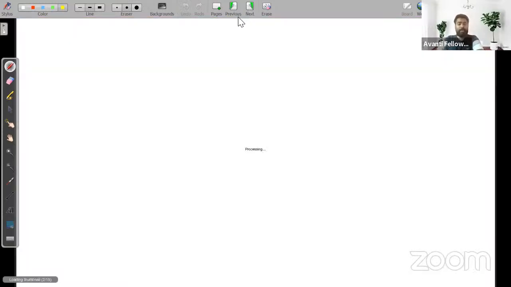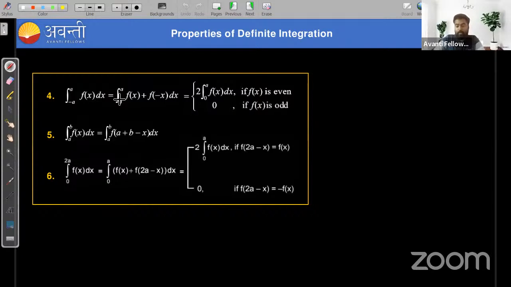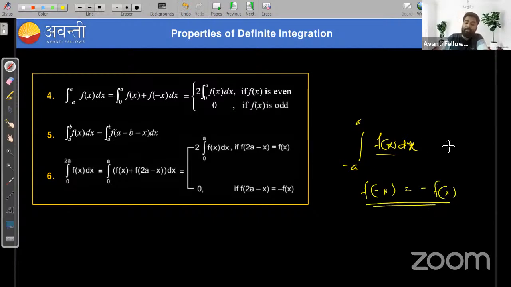Let's move to the next three properties. If you have an odd function or even function in definite integrations, with limits like minus a to a of f of x dx, and this function is an odd function, that means f of minus x equals minus f of x, then blindly you can say the value of the integral is 0.